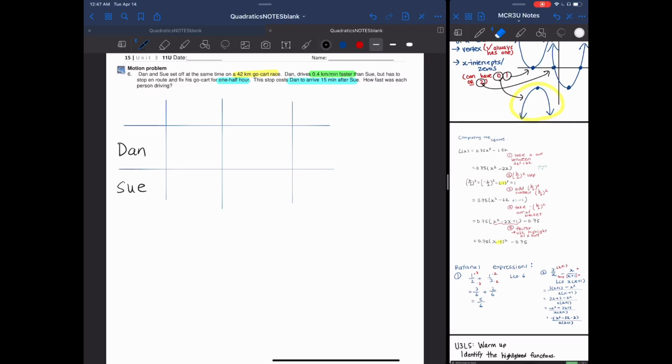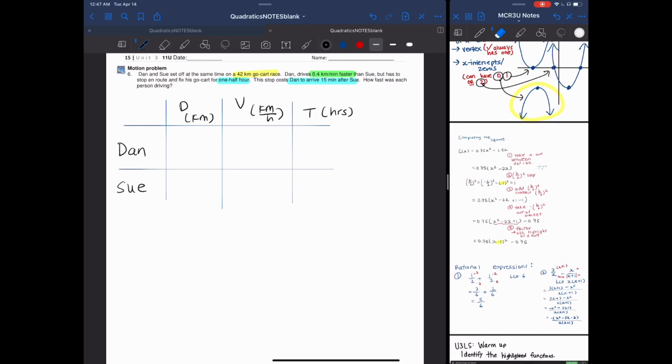And the parts that we're dealing with is distance, which is in kilometers. We have speed, which is kilometers per hour. And then we have time, which is in hours, right?